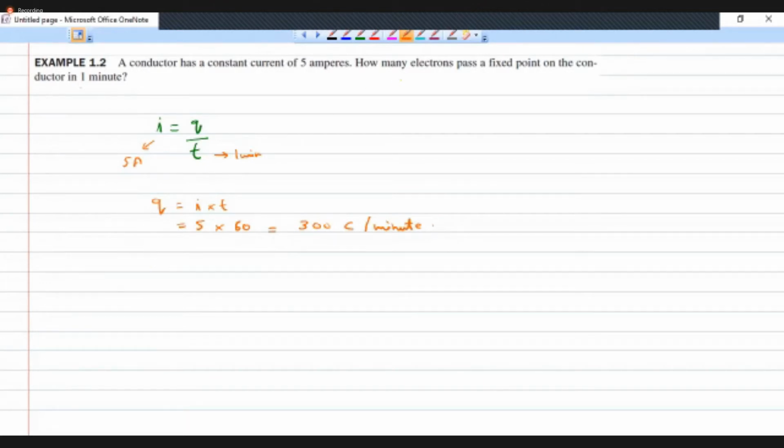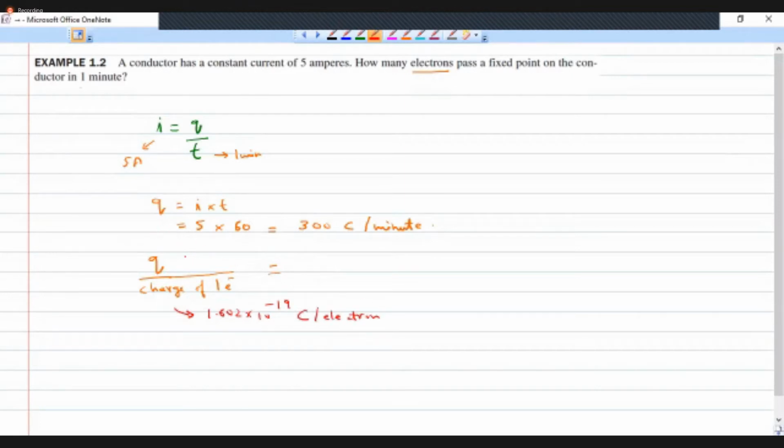We are asked how many electrons are flowing. If we divide this Q by the charge of one electron, we get the number of electrons that are flowing. The charge of an electron is a constant value, scientifically found as 1.602 into 10 power minus 19 coulomb per electron.